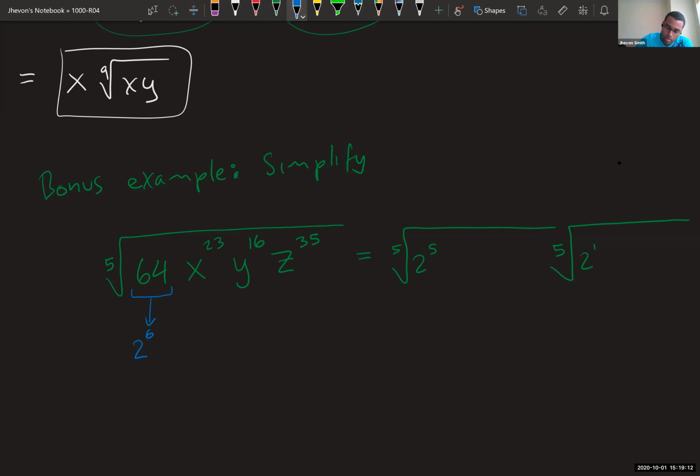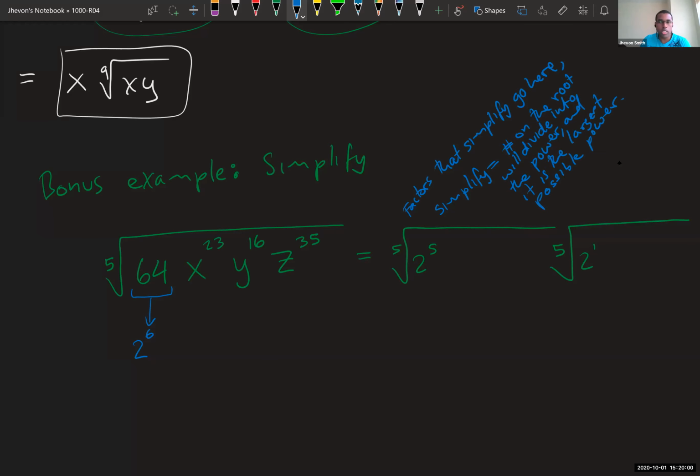So remember, factors that simplify go here. Simplify equals the number on the root will divide into the power, and it is the largest possible power.